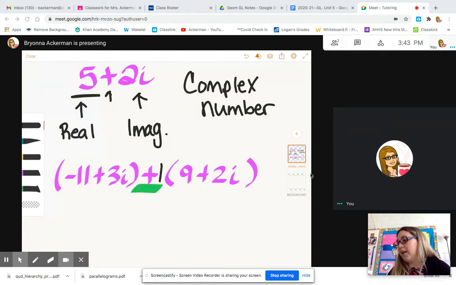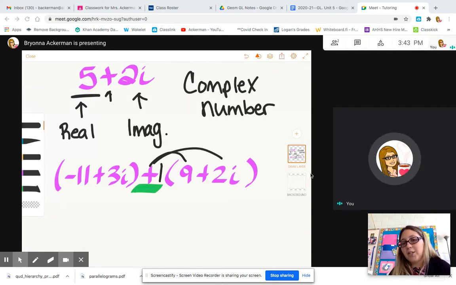Anything on the outside of a parenthesis, we're supposed to distribute. But if I distribute a positive 1 into the second parenthesis, nothing's going to change, because 1 times itself is the same thing. So what's nice about addition is you really don't have to distribute. You can just start combining like terms.